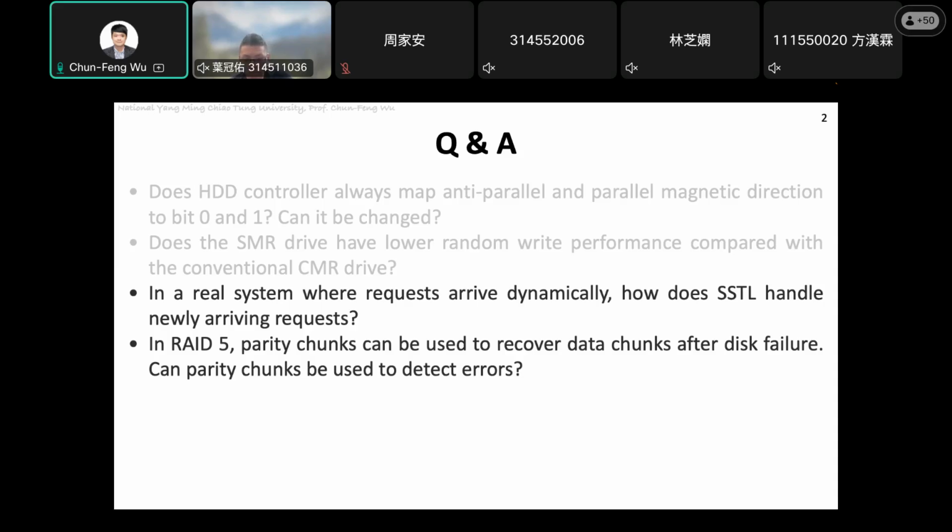If you still remember, the parity chunk is a chunk, so usually it is like a 512 byte area or even larger. So what the parity chunk can really check is whether there are some errors in a chunk. It can only tell us that there is some error in the chunk, but it cannot know where the error is. We can only know that the chunk has errors.